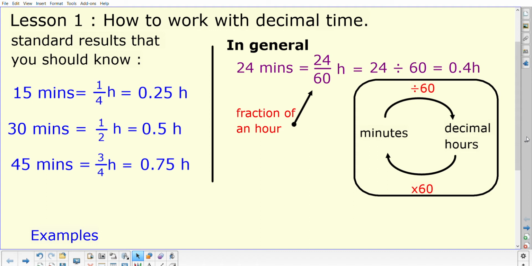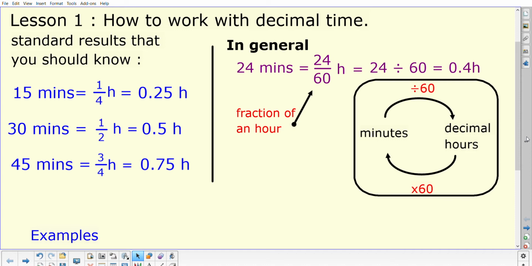In general, however, when you're changing or writing minutes in terms of hours, you need to think about it as being a fraction of an hour. So 24 minutes is 24 divided by 60, it's 24/60ths of an hour.